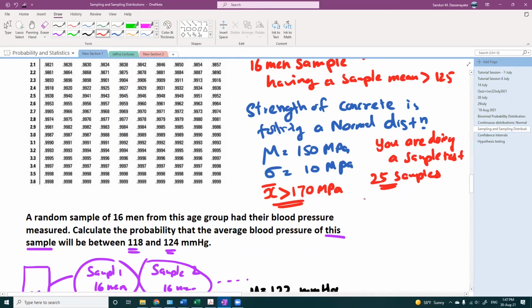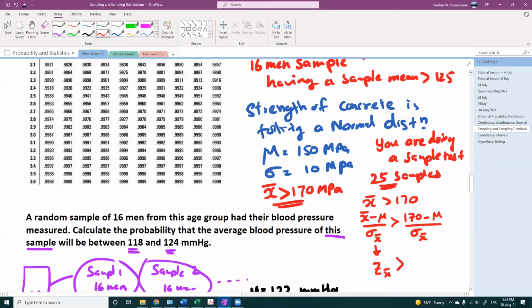In order to find that, you follow the same thing: x bar being greater than 170. You first reduce the mu and divide by the sigma of the x bar, and this is greater than 170 minus mu divided by sigma of x bar. If you do this part here, it automatically converts to a z value, z of x bar.